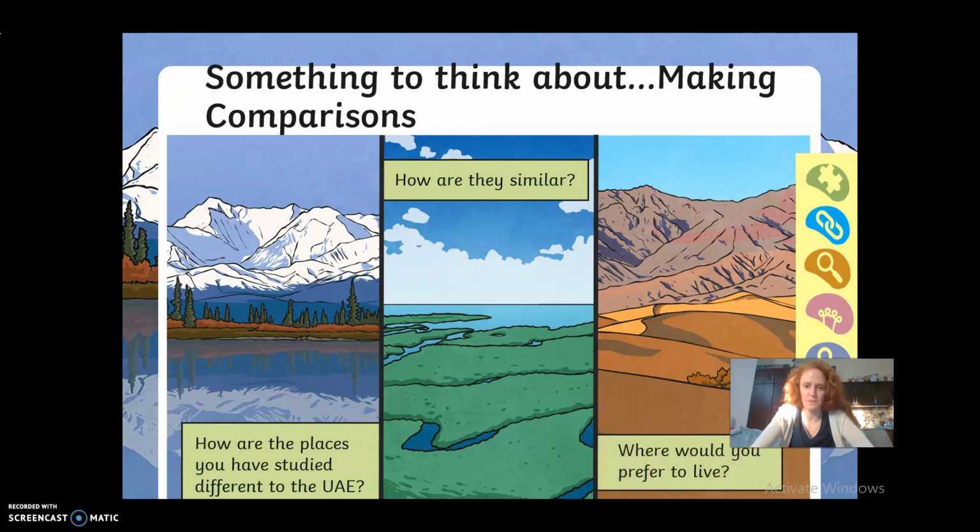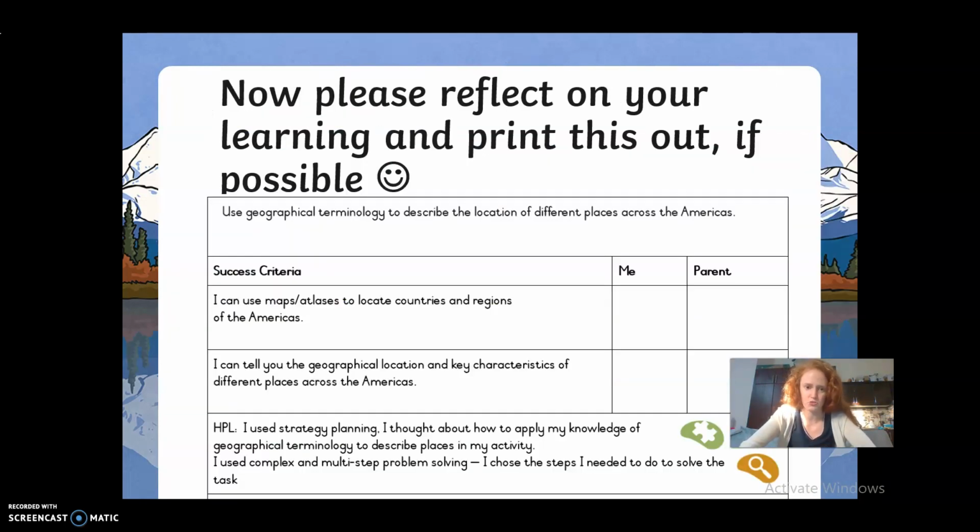Everything. So where would you prefer to live? I would definitely not prefer to live in Alaska. That would be very cold for me. However, Rio, I wouldn't mind that much. But just try to compare it to the UAE, what we have here, what kind of weather we have here, and what weather do these other places get, and vegetation such as plants and other things as well.